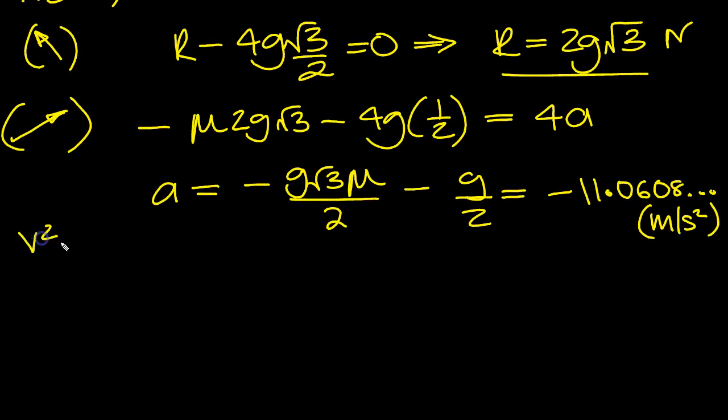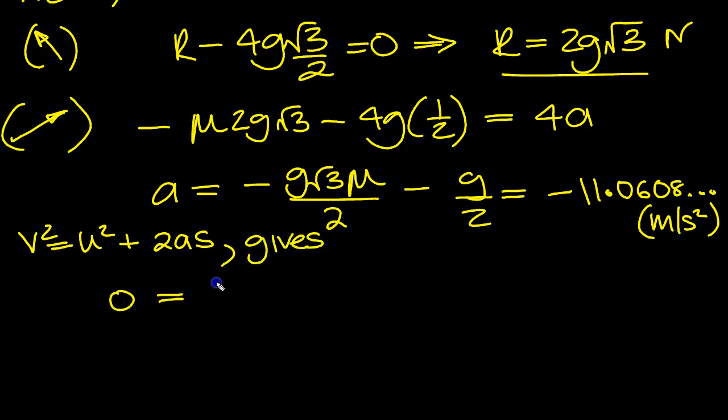So v squared equals u squared plus 2as. The final velocity is 0. The initial velocity is 16. We now know the acceleration, so we can work out s. So this equation then gives 0 squared is 0, 16 squared plus 2a times s.